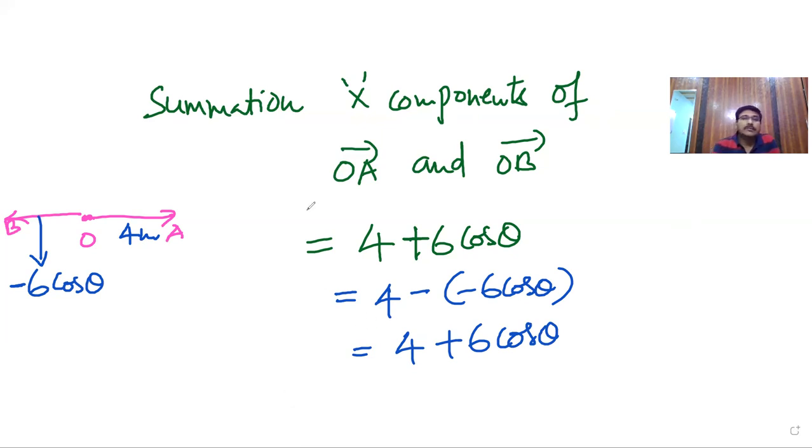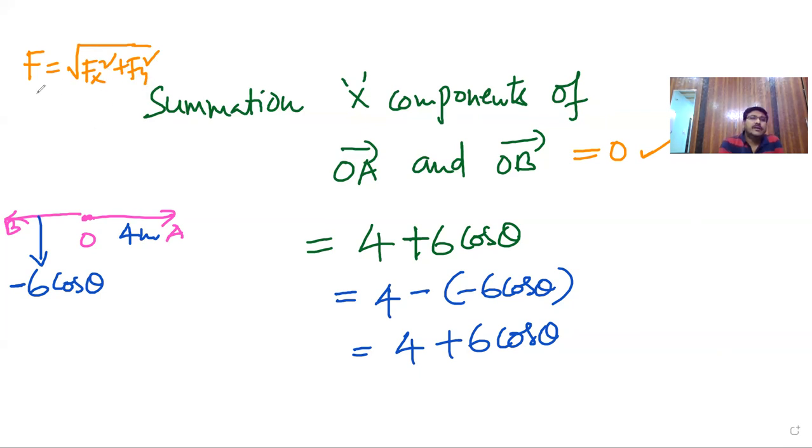Now this summation becomes 0. Why 0? Because the entire resultant is acting only in the y direction. Observe carefully. If F is the resultant, it is under root of Fx squared plus Fy squared, where Fx is the component of the resultant force along the x-axis, and Fy is along the y-axis.